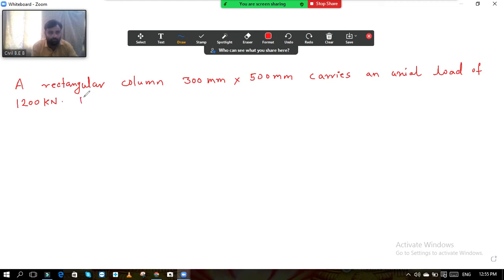Design an isolated footing for the column.